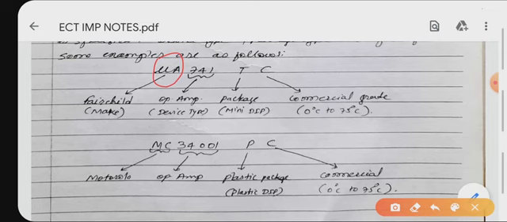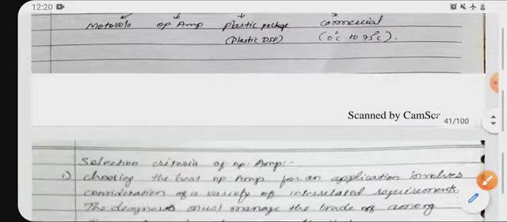C for commercial grade, that means the temperature range is from 0 degree Celsius to 75 degree Celsius. Again, you can take another example, MC34001PC. Here MC is the manufacturer's designation, that means it is manufactured by Motorola company. 34001 is the op-amp number, and PC, P stands for plastic package, C stands for again commercial grade. Okay, let us move further.